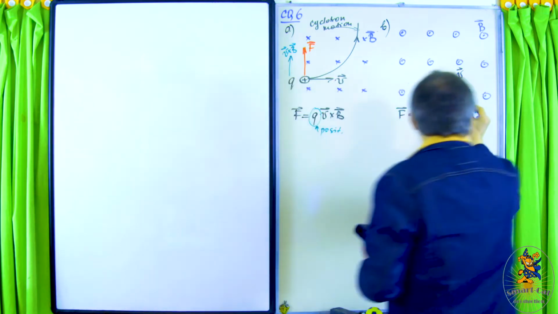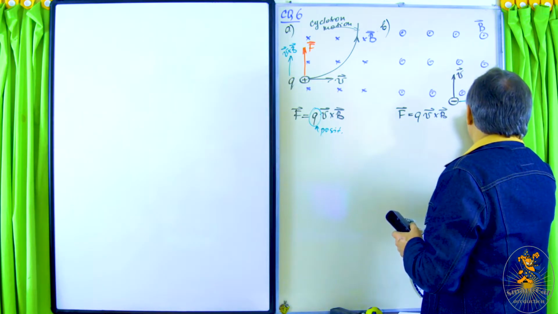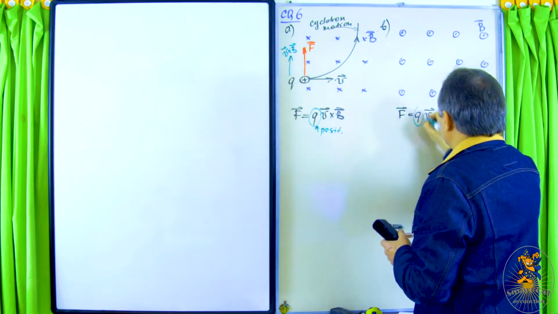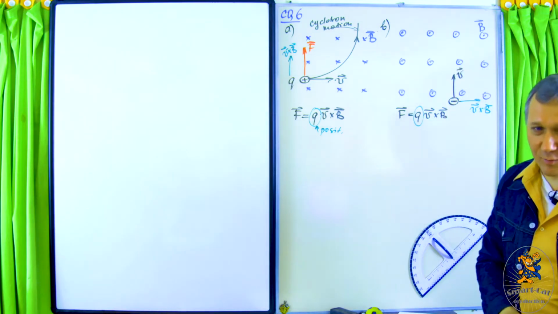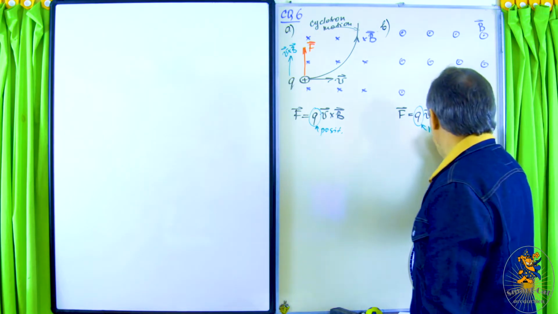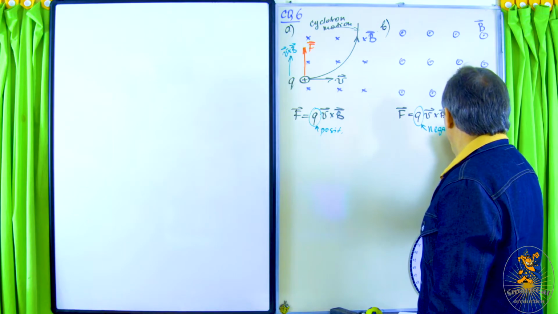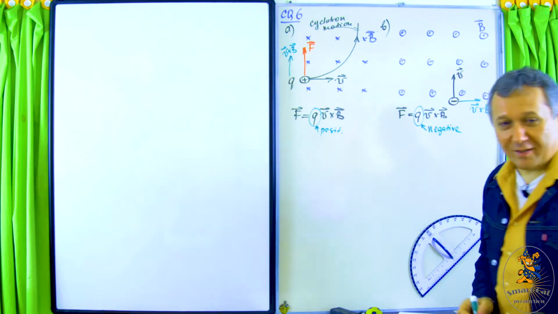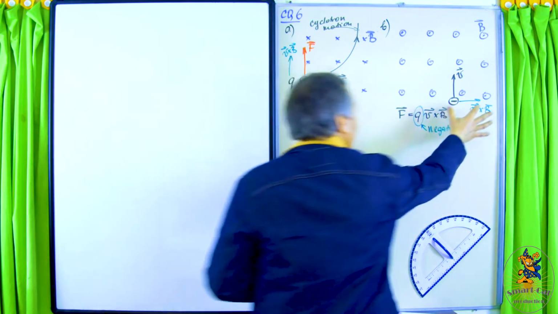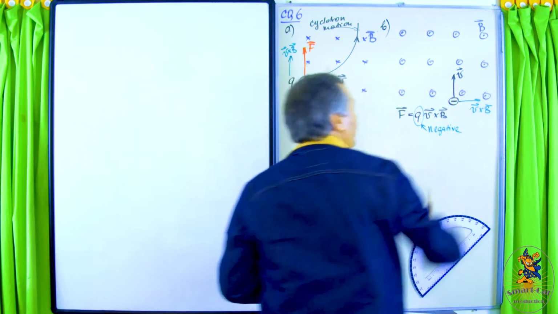Right? So let me use green to show the direction of V cross B, and then look at the sign of the charge. It's negative. Negative. So it means that in order to find correct direction of the force, this direction must be flipped.